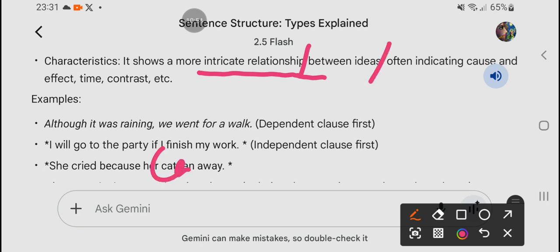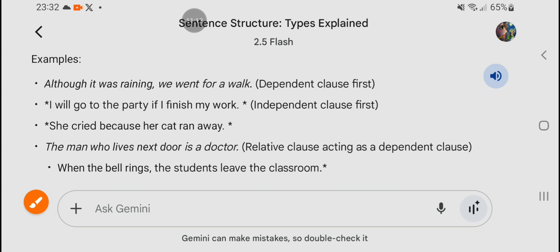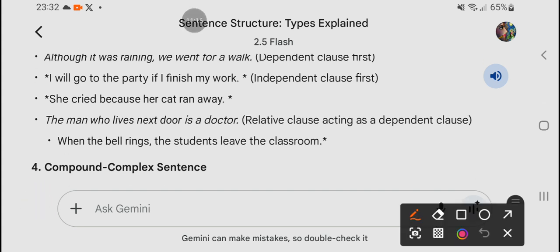Meaning cause and effect, or time, or contrast. Example, although: as the word although comes, it means one positive, one negative.